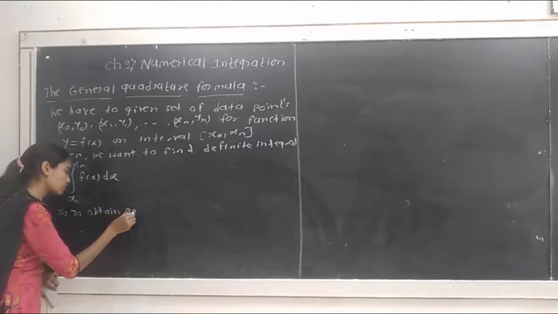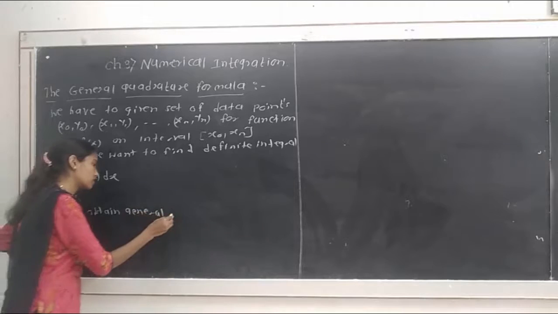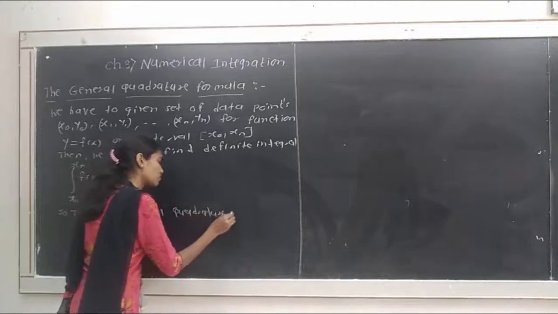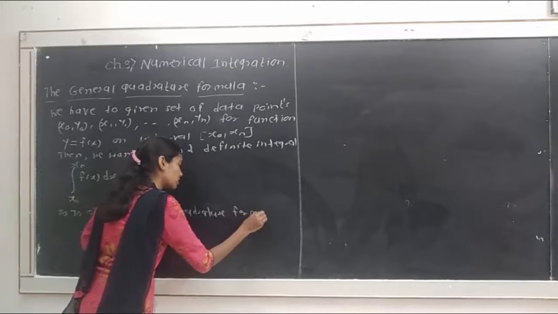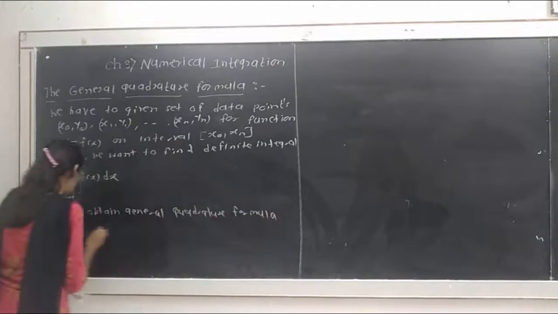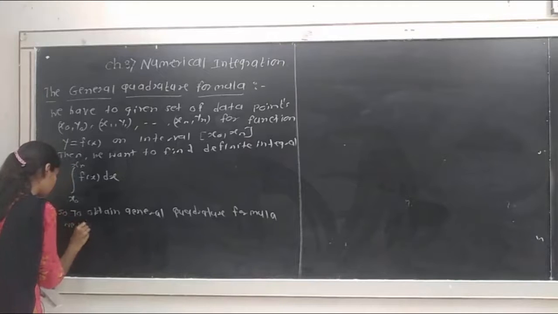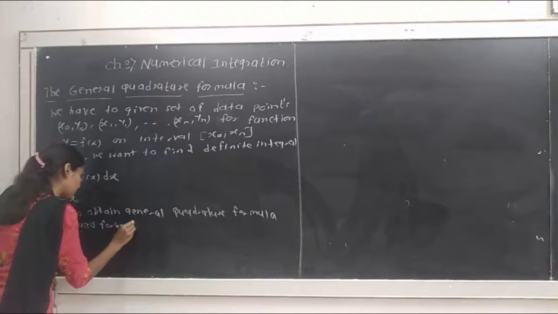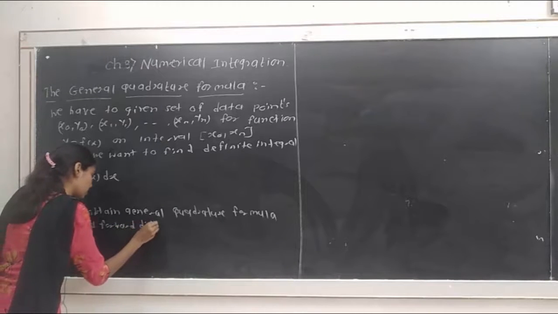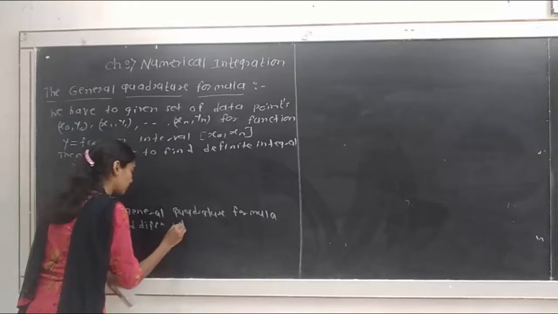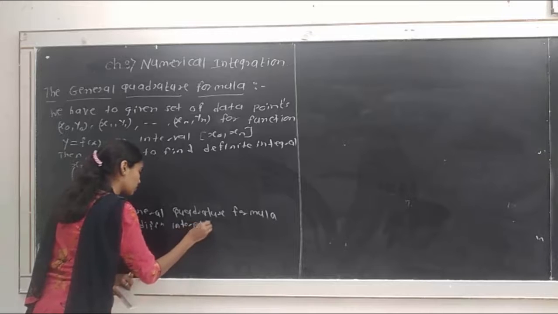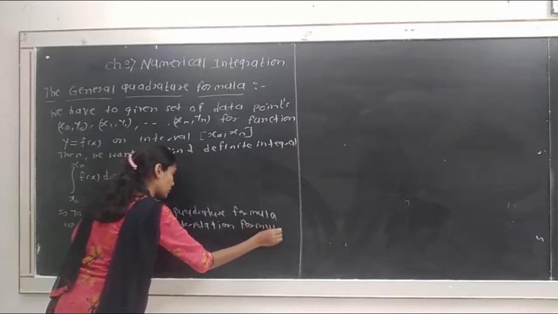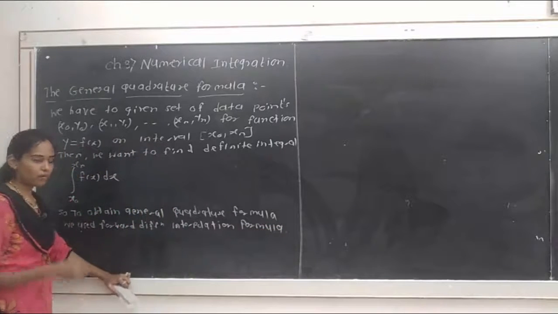To obtain the general quadrature formula we use the forward difference interpolation formula for the given set of data points.